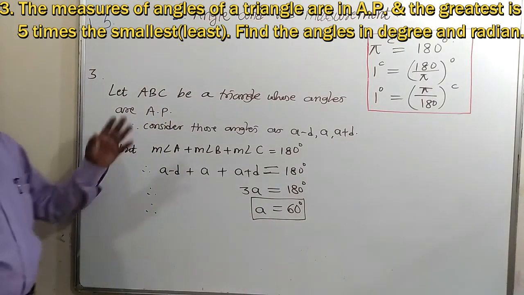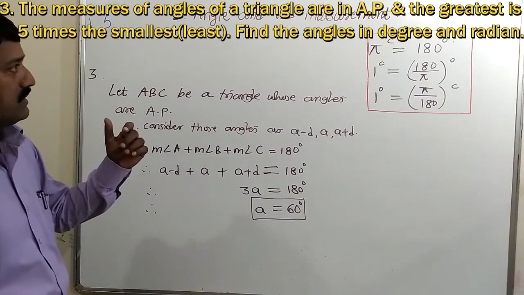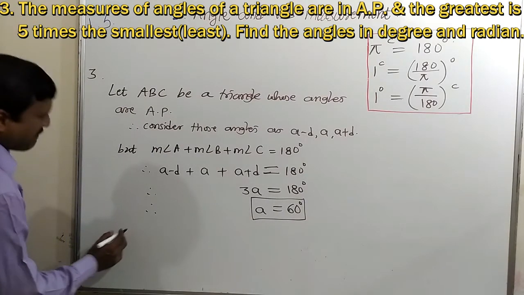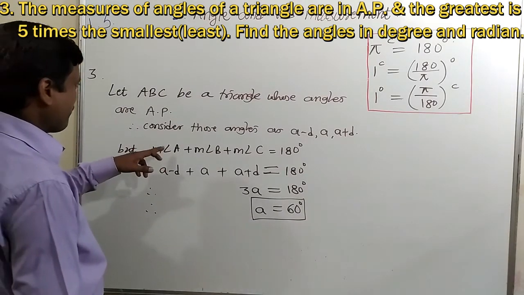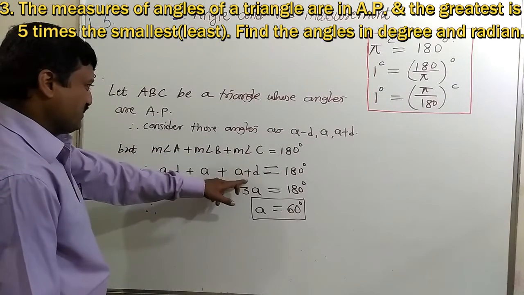This is the unknown a by first condition. The second condition is given that the largest angle is 5 times the smallest angle. So considering this as smallest angle and this as largest angle, because it is a plus d.